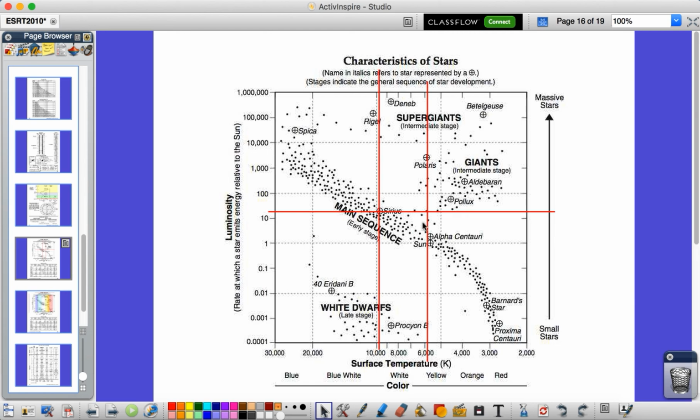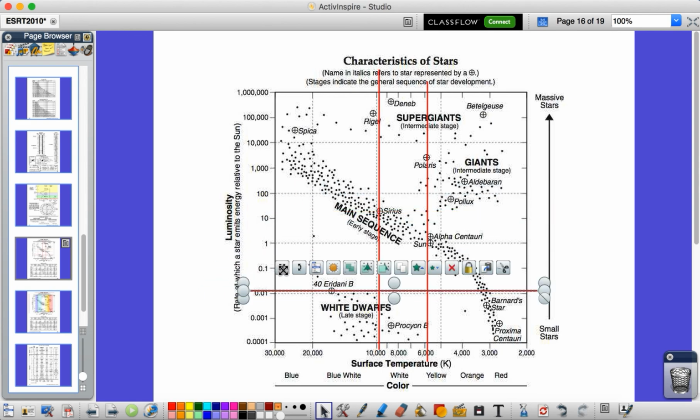Now, think about it this way. Look at the luminosity of, let's say, 40 Eridani b, a white dwarf. 40 Eridani b has a luminosity almost 100 times smaller than that of the sun. Almost 1/100th the luminosity of the sun.